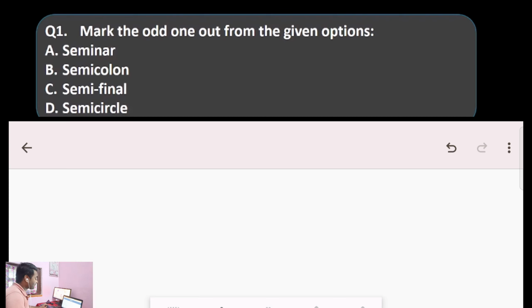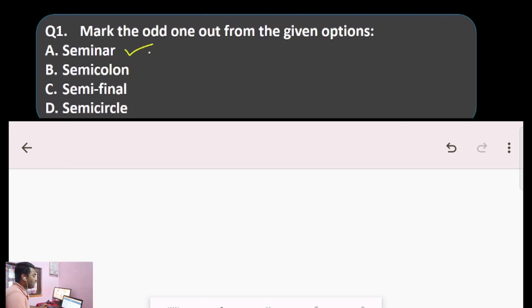The first question says mark the odd one out from the given options. We have four options here: seminar, semicolon, semifinal, and semicircle. The answer is A, seminar, because this is the odd one. How is this possible?